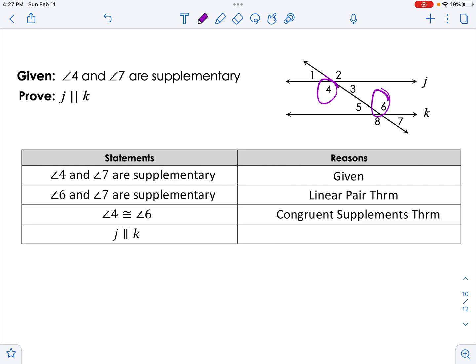That means J and K are parallel by the converse of alternate interior angles. There, we did it. Okay, so now we've completed another proof. It takes a little practice to get used to these the first times you go through them. It'll be a little tricky, but stick with it. See if something will pop for you and it'll be just fine.